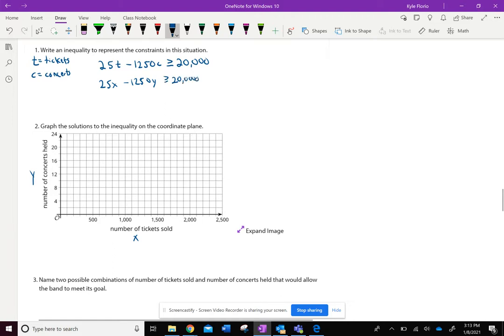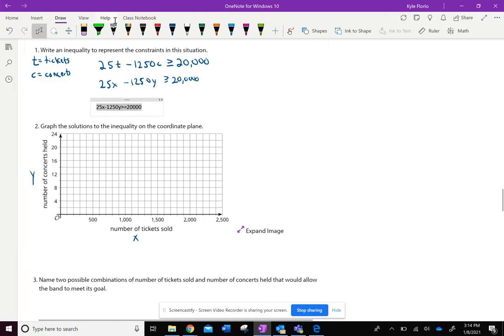So watch this. 25x minus 1,250y. The greater than symbol on your keyboard is right near the M. Just go to the right of the M twice. We want it to be greater than or equal to, so put the greater than and then an equal to sign, 20,000.